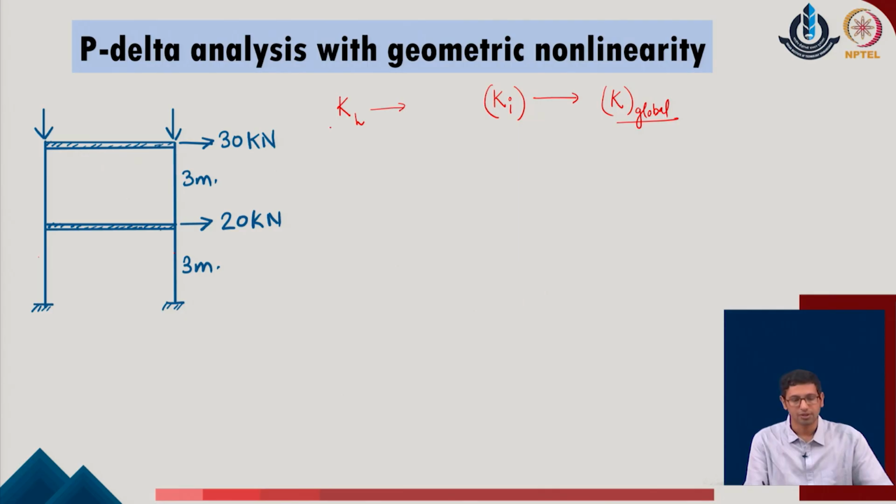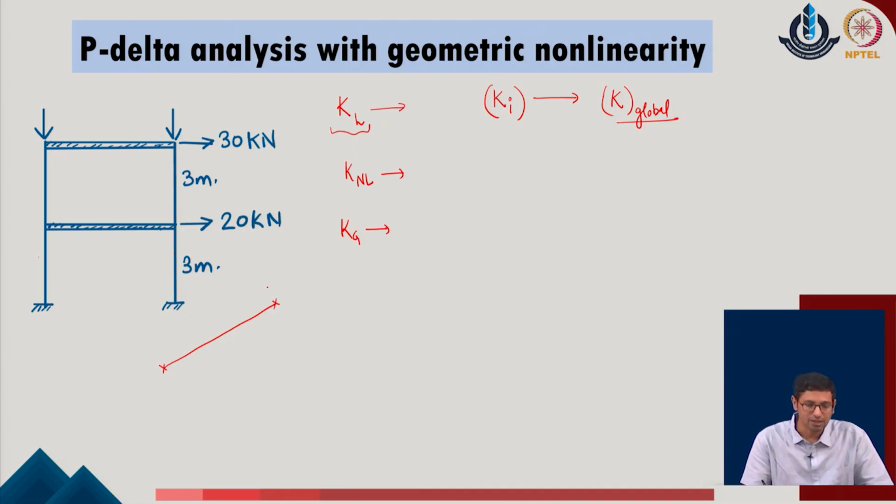At the same time, the way we apply the linear stiffness and extend it to the global system, the same way I can also do it for the nonlinear as well as the geometrical stiffnesses of the given system. So, any stiffness which we define at a member level. If you recall the discussions which we did for the geometrical stiffness of the beam members, I considered that at the local member coordinate we have 3 possible degrees of freedom, which are u1, v1 and theta 1 at one node, and u2, v2 and theta 2 at node 2.